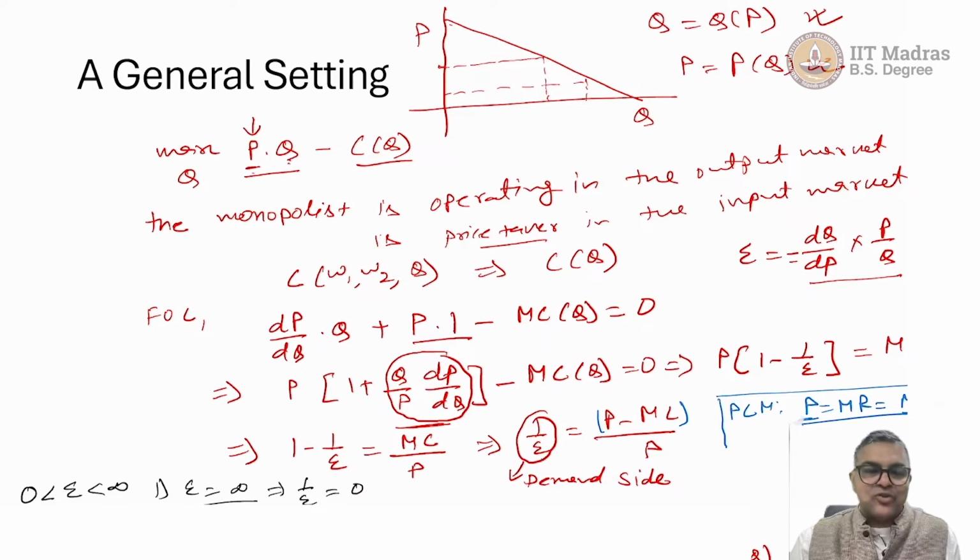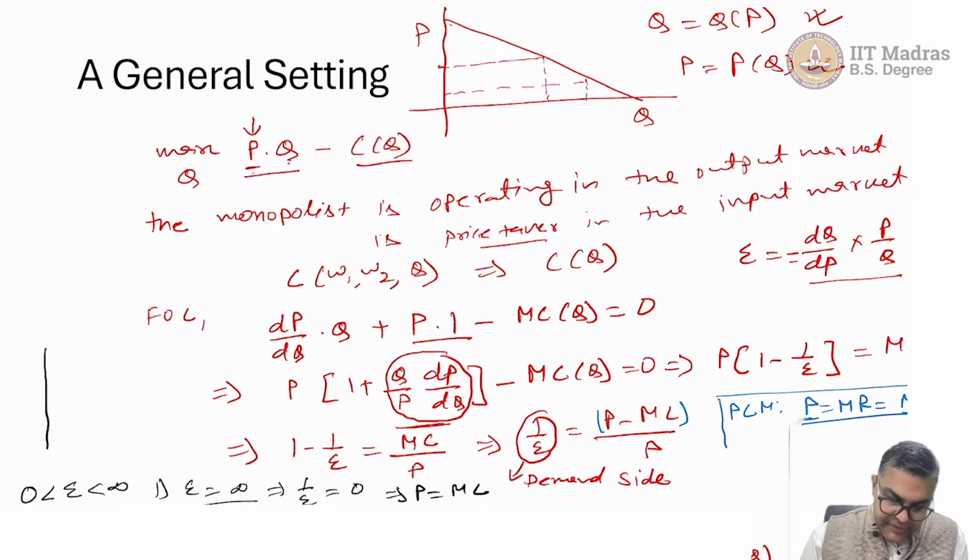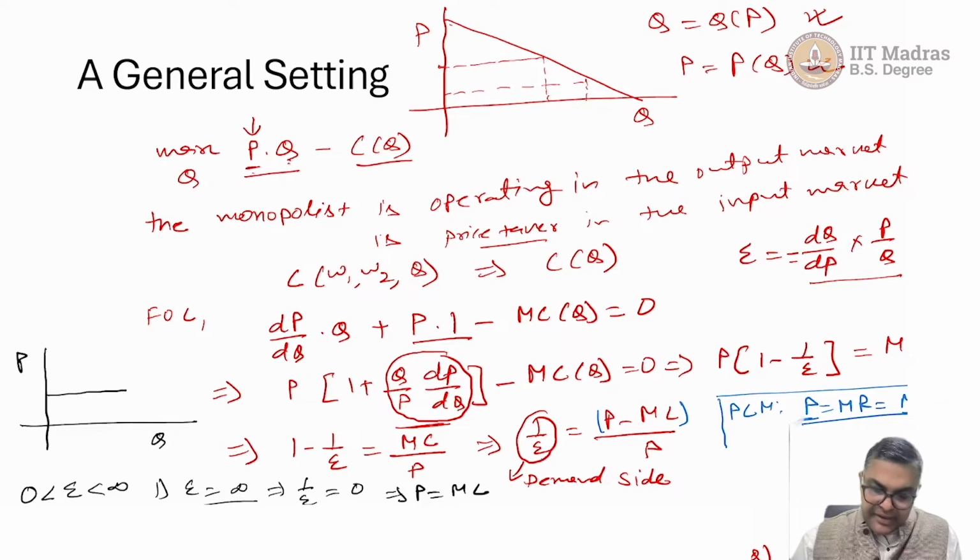Jokes aside, as long as it is clear what we are doing, there is no harm in taking these shortcuts. And in that case, P is going to be MC. What does it mean? That if the monopolist is facing a horizontal demand, that is perfectly elastic demand, then it cannot set price higher than the marginal cost. It's going to be P is equal to MC.